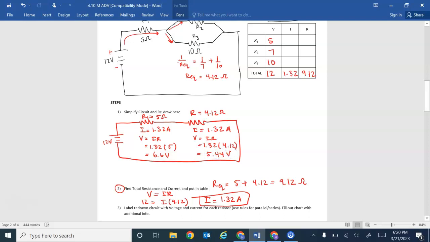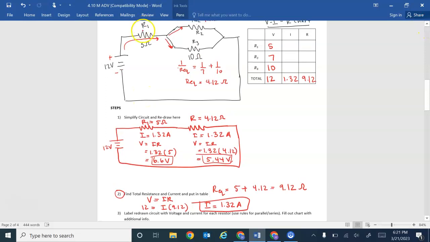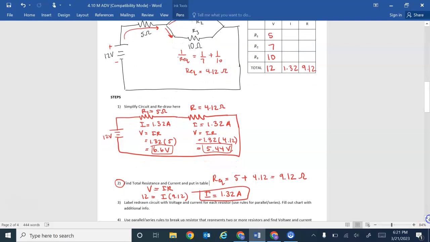Great. So we're going to use this redrawn circuit to help us. But now if I look back on our circuit, R1 is just the same thing as what we had in our original circuit. So we can fill out as much as we know about R1 in our circuit. Oh my goodness, I did a silly mistake earlier.